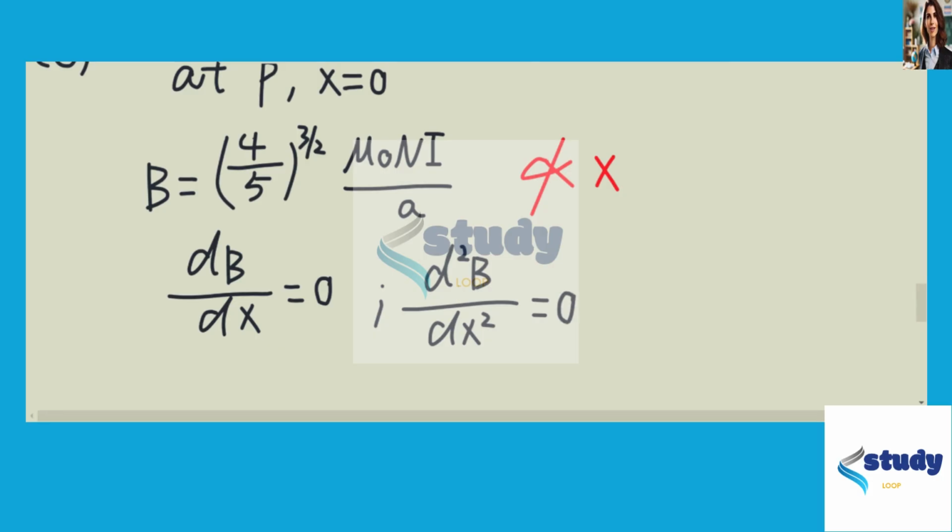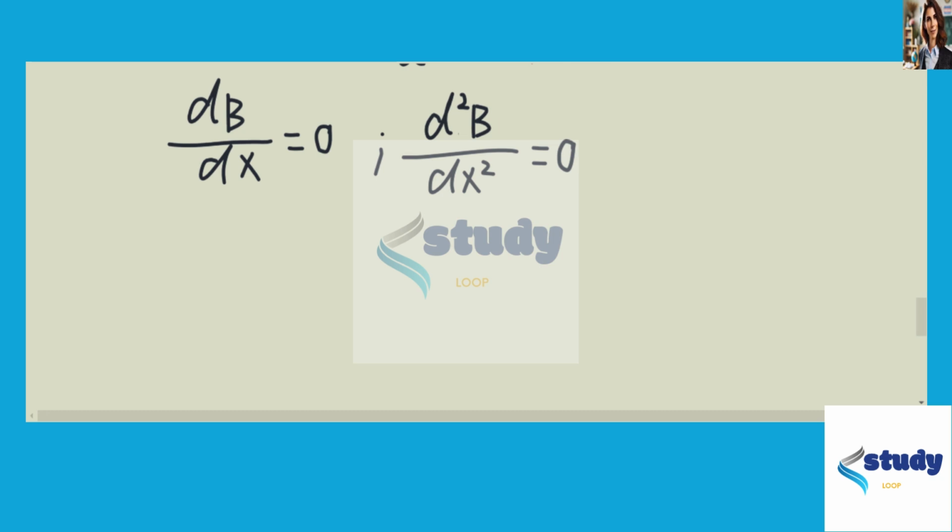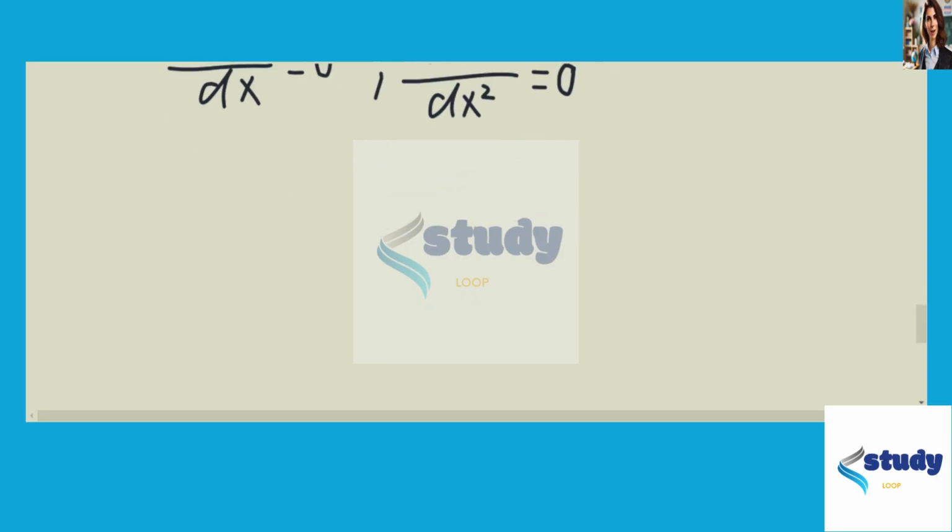So this shows us that both the first derivative and the second derivative of the magnetic field are equal to 0, which means that the magnetic field changes very slowly. And this is the answer for this question.